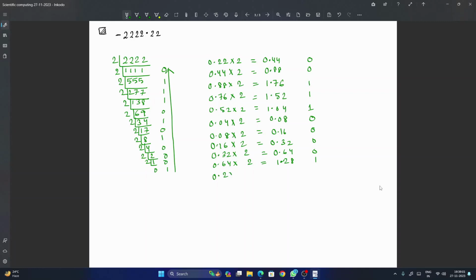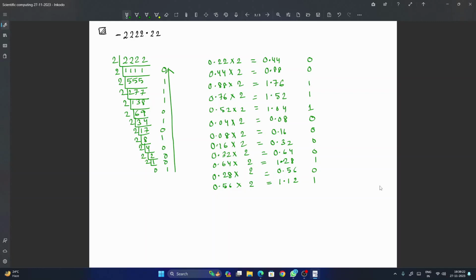Then 0.28 into 2, 0.56, 0. 0.56 into 2 is 1.12, 1. That is 1, 2, 3, 4, 5, 6, 7, 8, 9, 10, 11, 12.